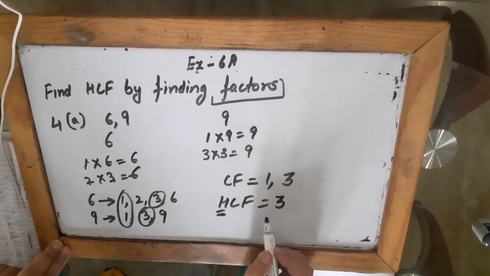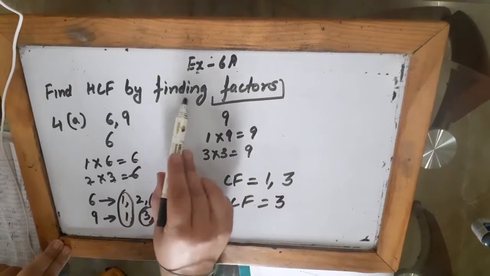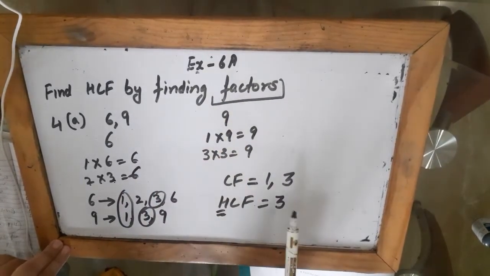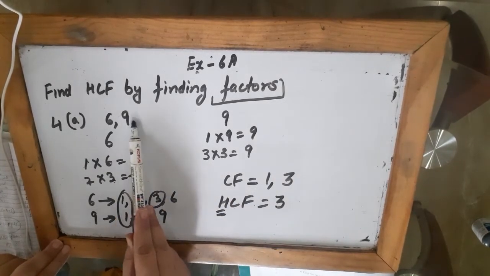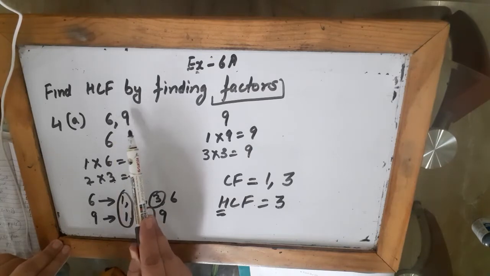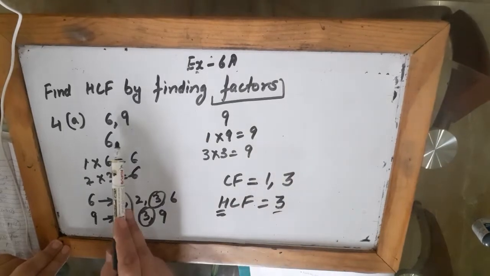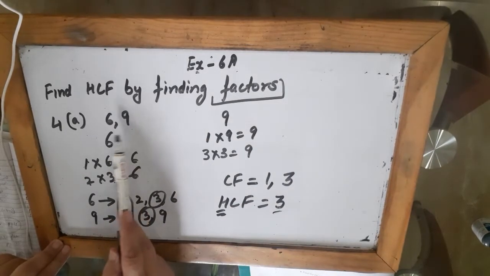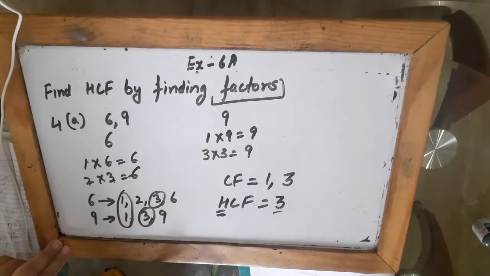So this is how we find out the HCF, by finding all the factors. So it means 3 is a common divisor of both these numbers, and it is the highest factor common to these. After this 3, no other common factor can divide 6 and 9 exactly.